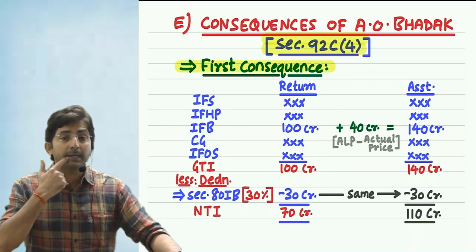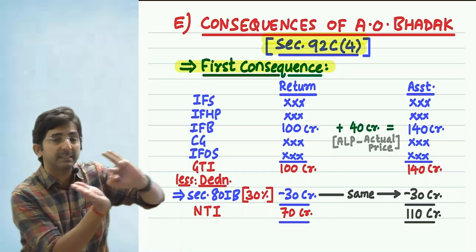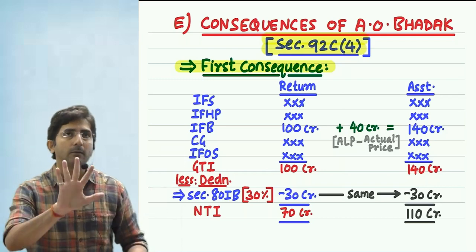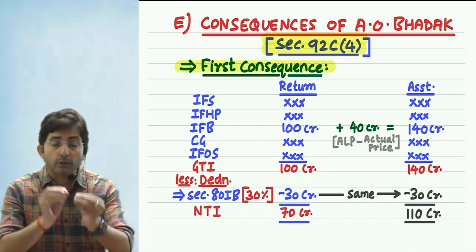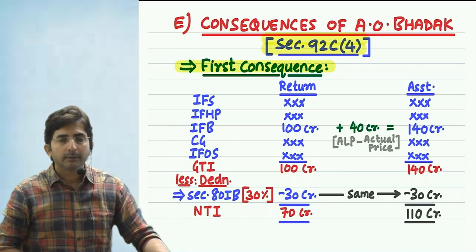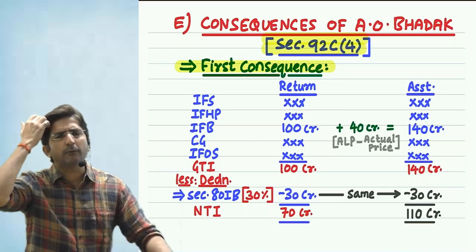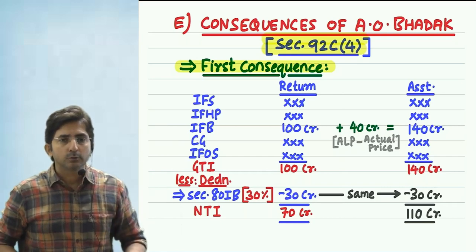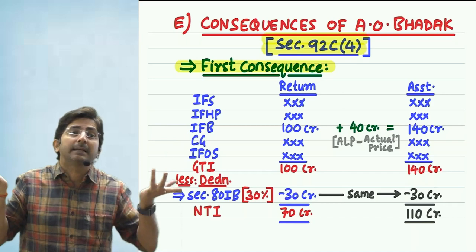Why 30%? Because out of my total sales, 30% is export sale. Okay, now, in India, whatever production I do, 45% I export out of India. Out of my total sales, 45% is export sales. So that means my profits will be 45% exempt.